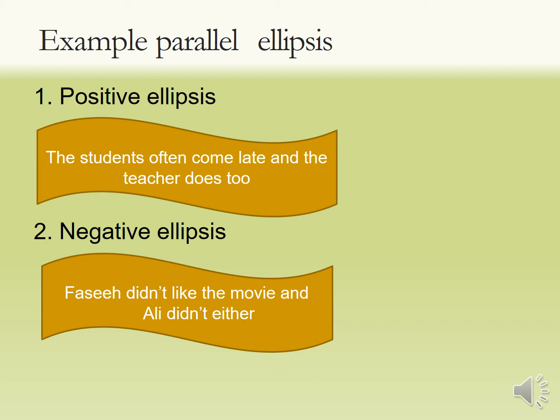But the complete phrase like the movie is omitted from the statement Ali didn't either. Here again we see ellipses, the omission of a complete phrase from a statement, but it's easy to understand.